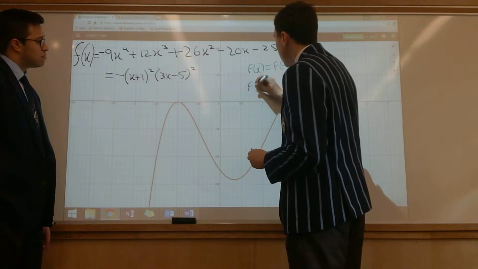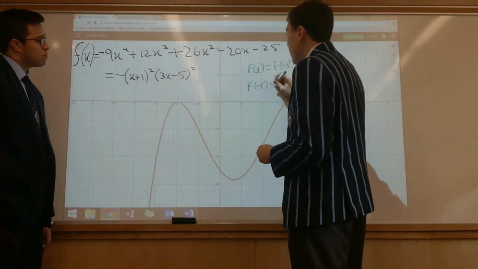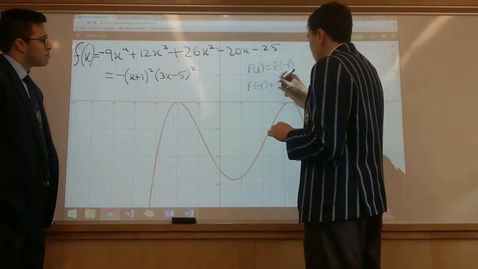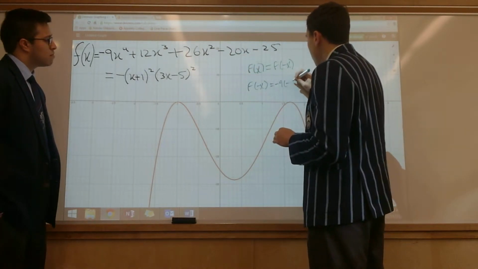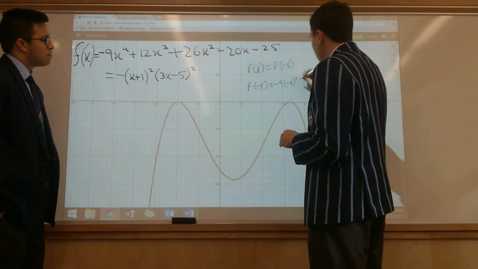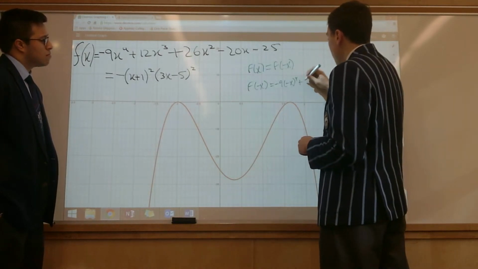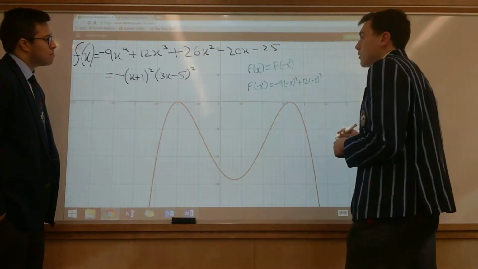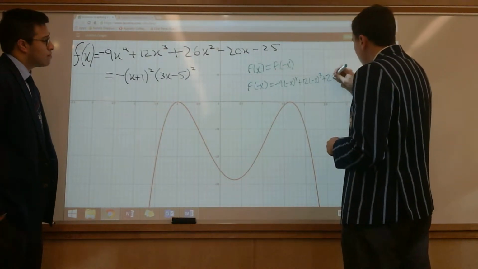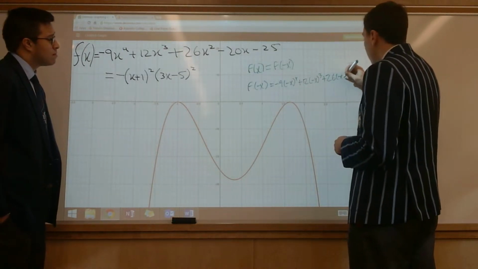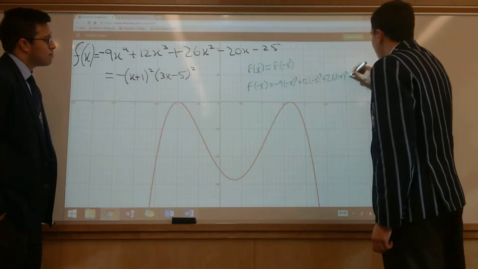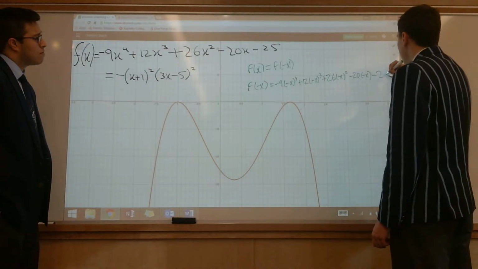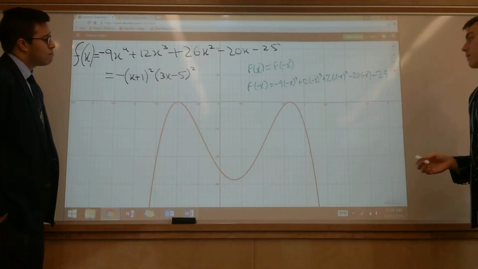Well, f of negative x equals, we're going to plug in negative x for each of these x's. So negative 9 times negative x to the fourth plus 12 times negative x cubed plus 26 times negative x squared minus 20 times negative x minus 25.